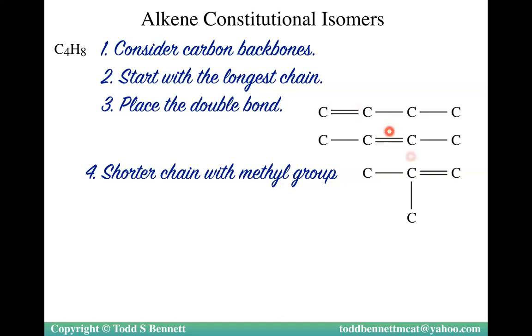So there are 3 constitutional isomers, but there's also a different thing we're going to slowly transition to called stereoisomers. So stereoisomers, we're going to typically automatically zero in on things that have the same bonds, but different arrangement in space. And we're going to usually think of a carbon with 4 different things attached to it, arranged in almost a right-handed versus left-handed situation.